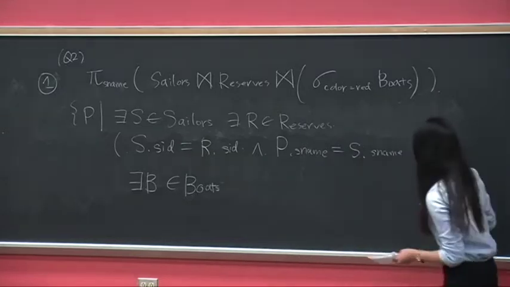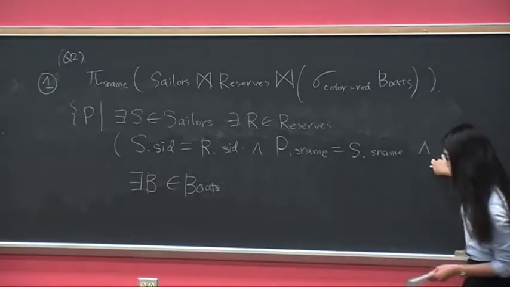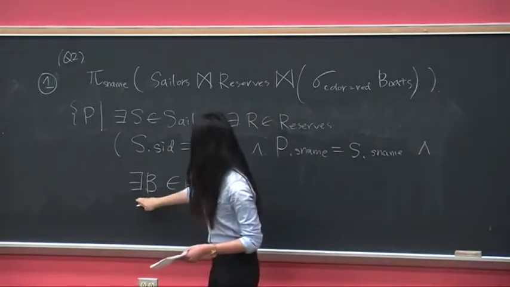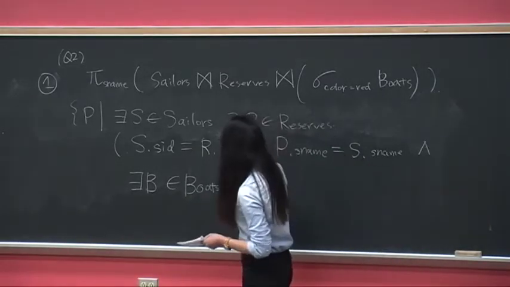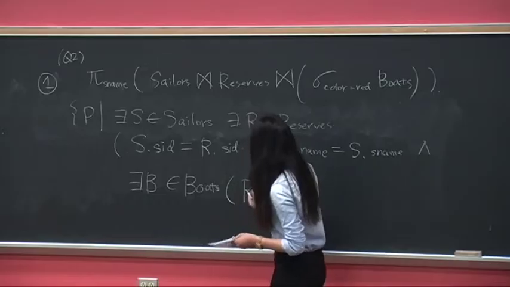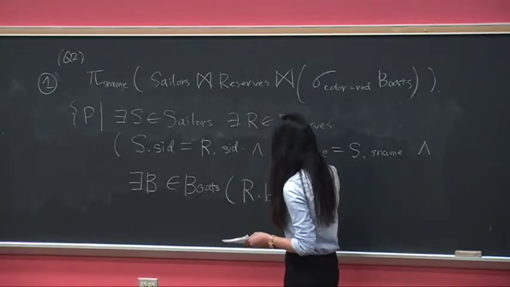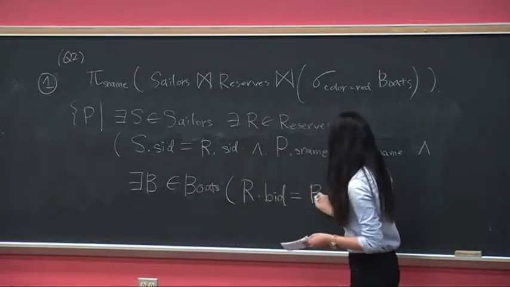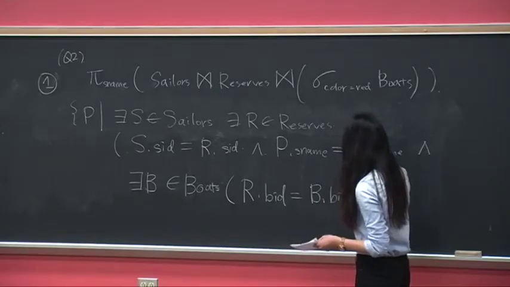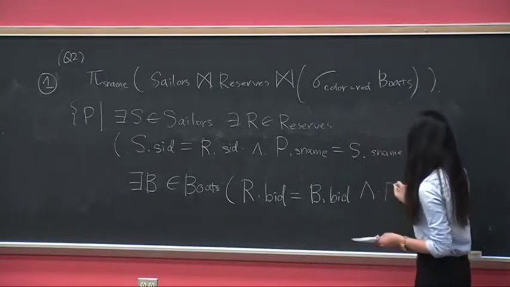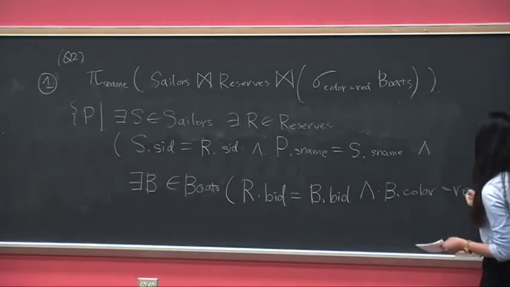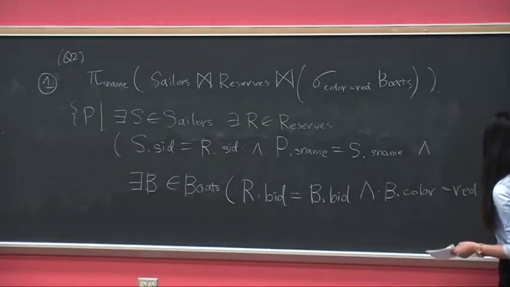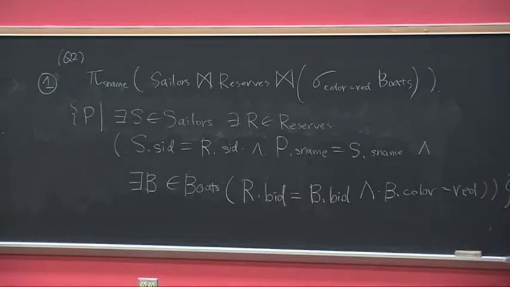Okay, it's kind of weird here, so we say, and so there exists B from boats, where the BID from R will be coming from here, and also the color is red. This feels a bit weirder.